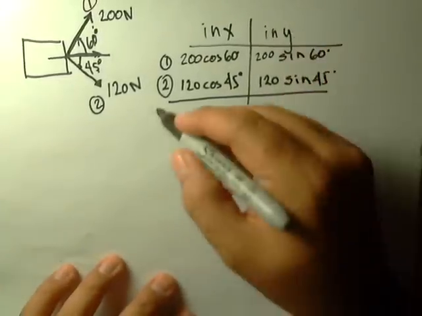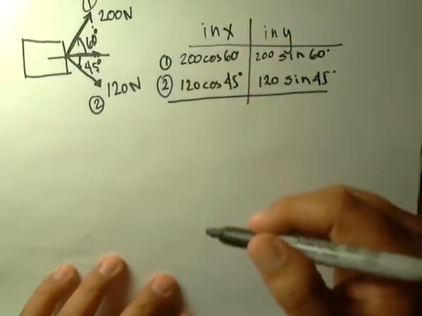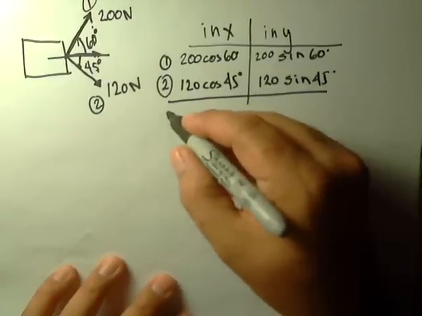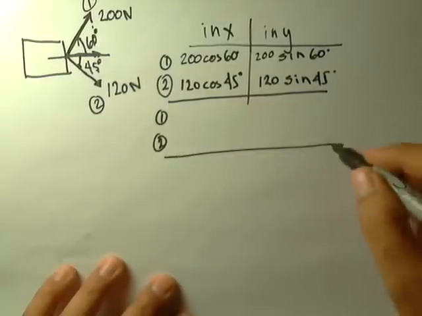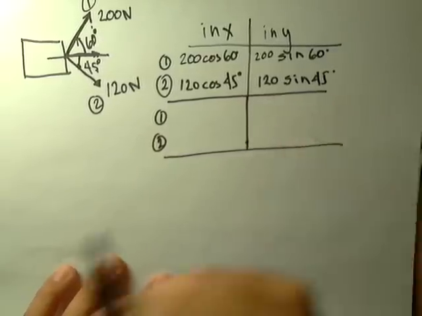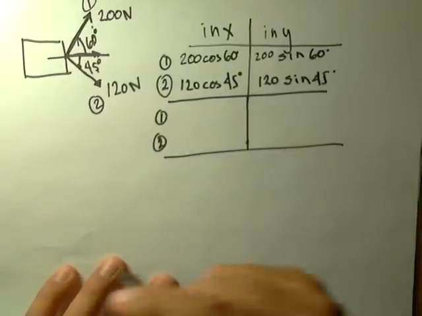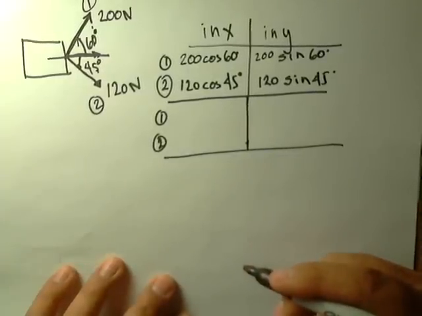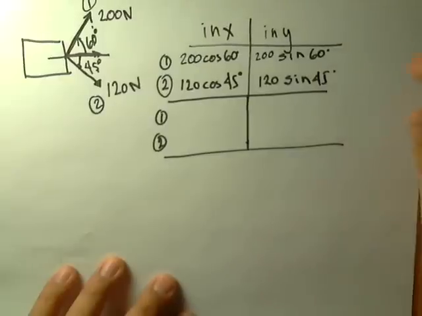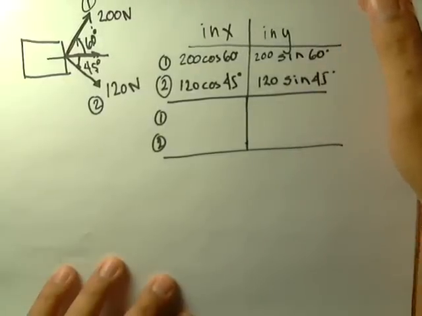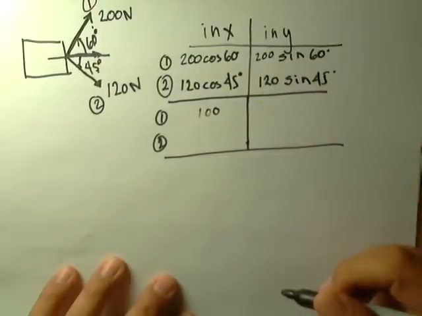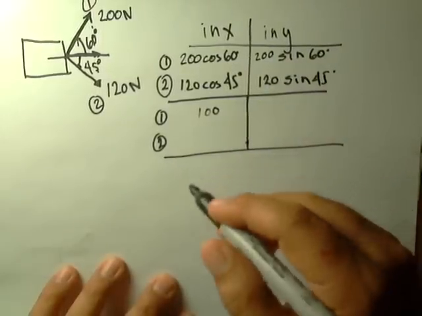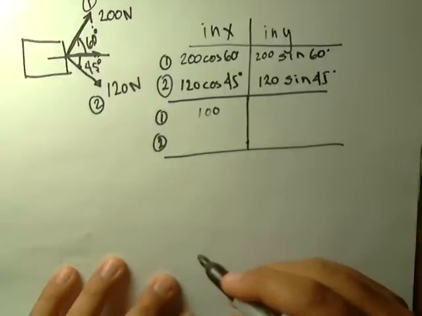Now we need to know, for example, what's the value of this one, and I'm going to write it here. So I'm going to repeat the same 1, 2, but now I'm going to write the results that I got. For the first one, 200 cosine of 60, I will get 100 here. And for the next one, the second vector is going to be negative 45.